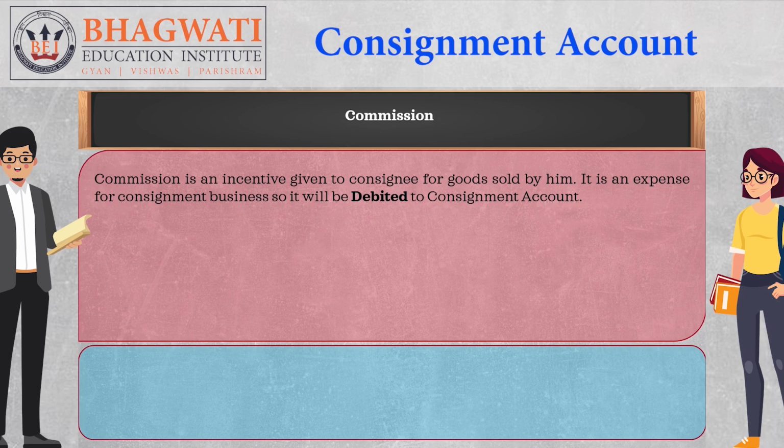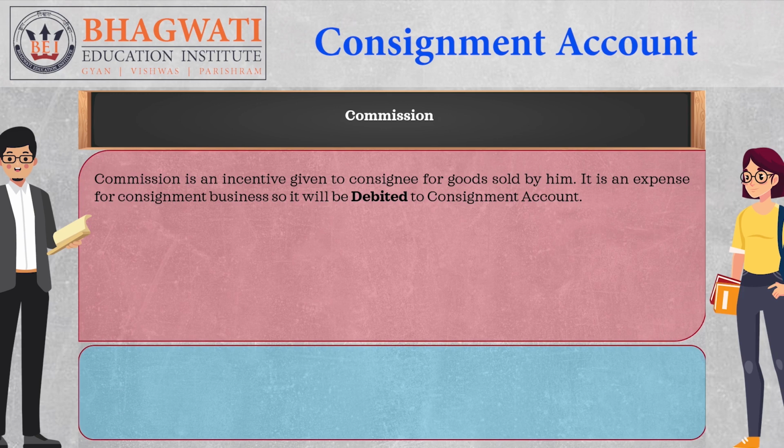Now, are we going to pay this commission in cash? Generally, no. Commission won't lead to an outflow of cash, but rather our inflow will reduce. How? See, commission is generally given on goods sold by the consignee. So whatever goods the consignee has sold, for that we are supposed to recover that much amount from the consignee.